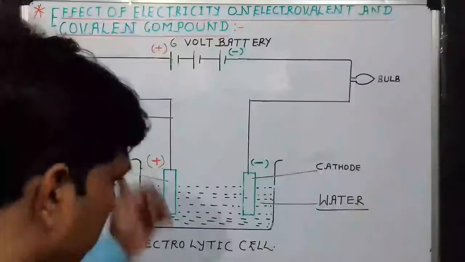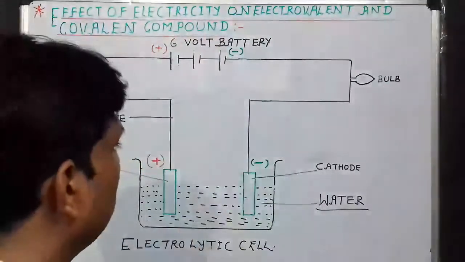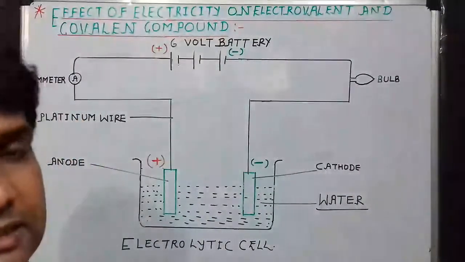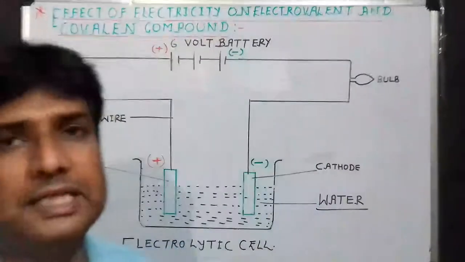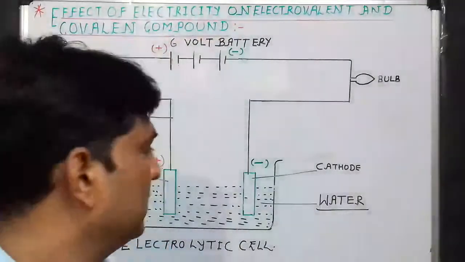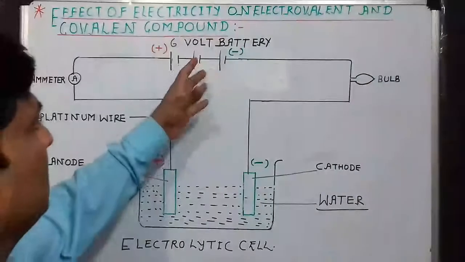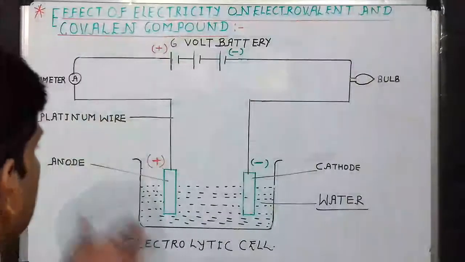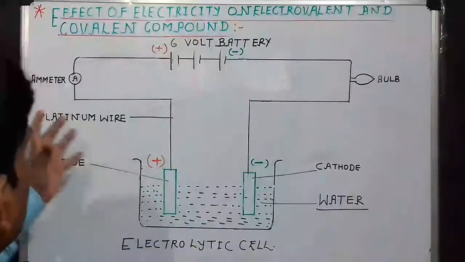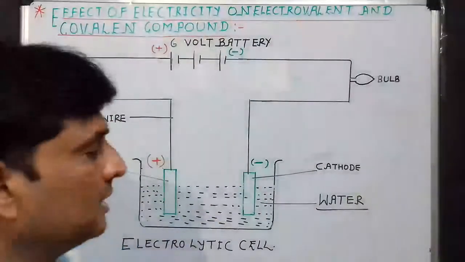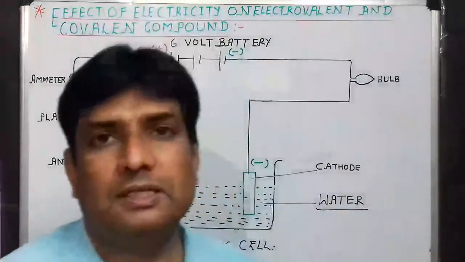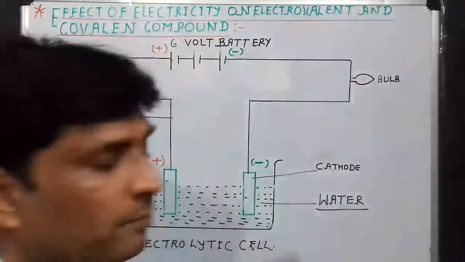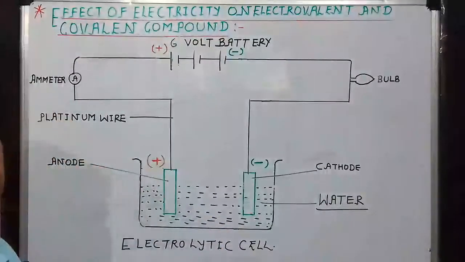Now the water or other covalent compounds such as benzene and chloroform are poured inside the beaker and the current passes through the battery in the electrodes, anode and cathode. The ammeter reading does not increase and the bulb does not glow when we pour the covalent compound inside the beaker.